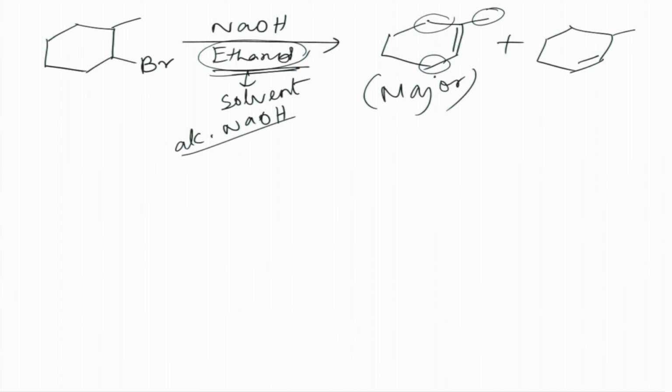These are not alkyl groups exactly, they are connected to the ring, but there are 3 substitutions and 1 hydrogen, whereas in this case there are 2 hydrogens and 2 substitutions. So, this one is the major product. Now, the reactivity order.